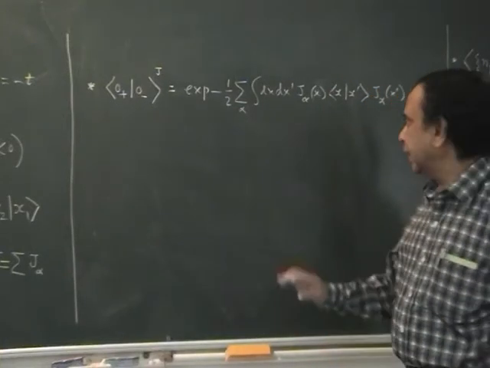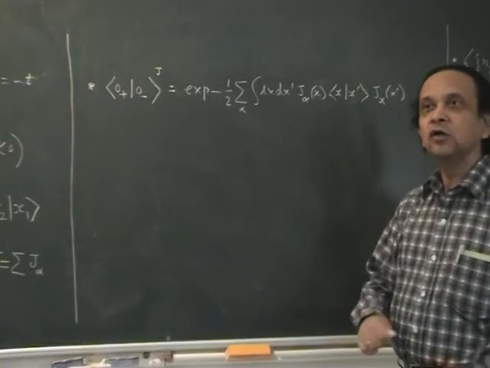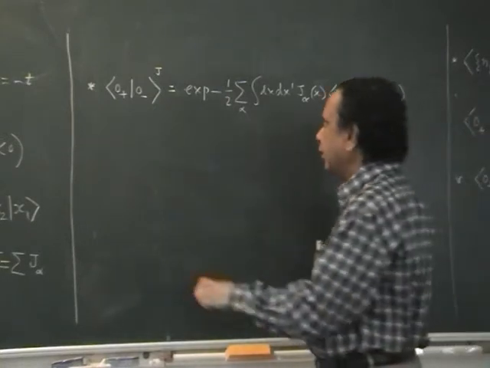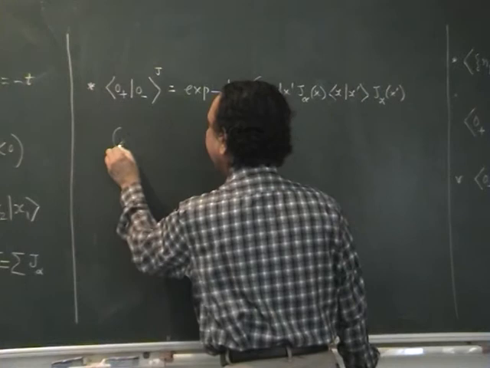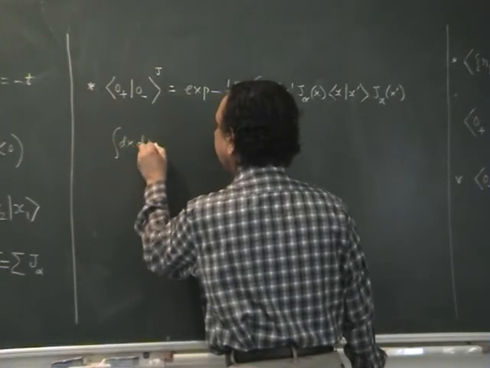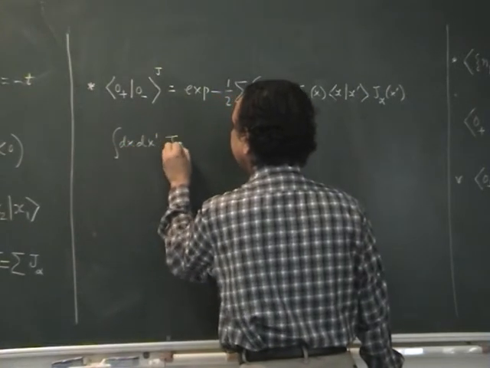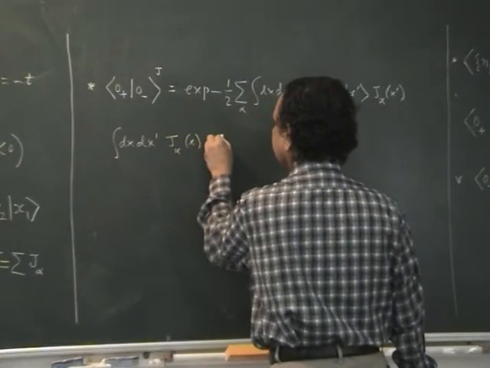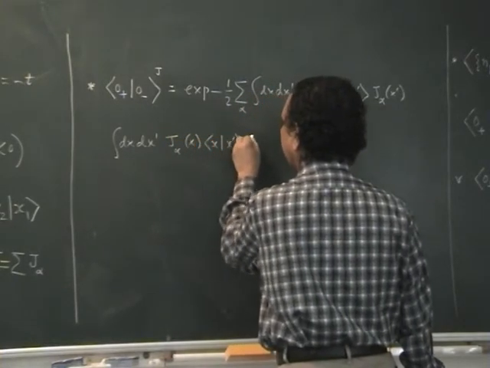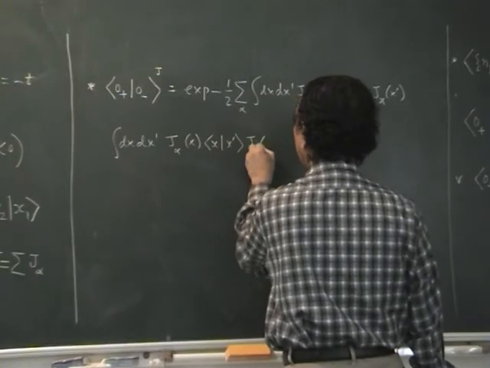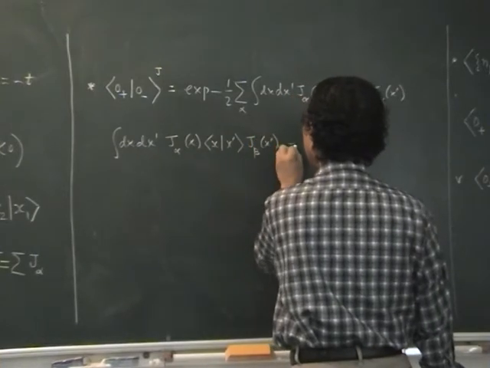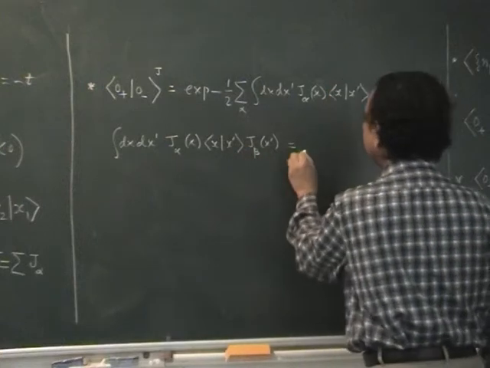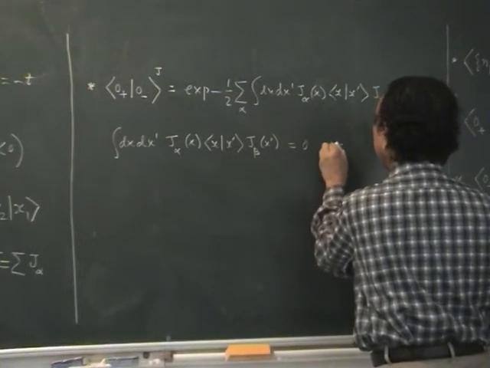Now you see that all the sources are uncorrelated. The definition of uncorrelated source is that if I do the integral dx prime of J alpha of x prime, J beta of x prime, they don't interfere with each other. So this is going to be 0 for alpha not equal to beta.